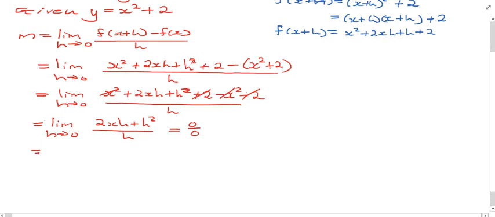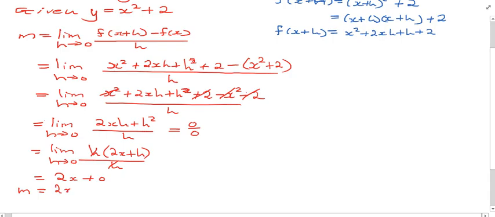So we will factorize the numerator. Removing h as a common factor, we'll have 2x plus h over h. And this will cancel that one out. Then we can substitute h with 0. We'll have 2x plus 0, which will give us the gradient is 2x.